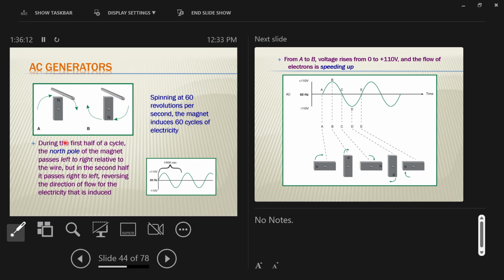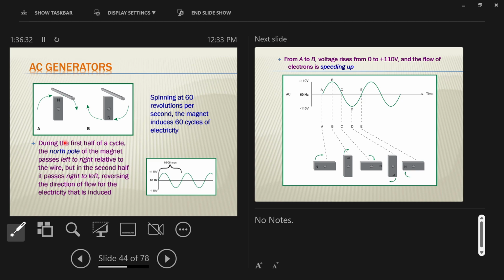And as it rotates to the south pole facing up, those electrons will be repelled the other direction. So you get this pull and push as the magnet rotates north pole, south pole, over and over again, okay?